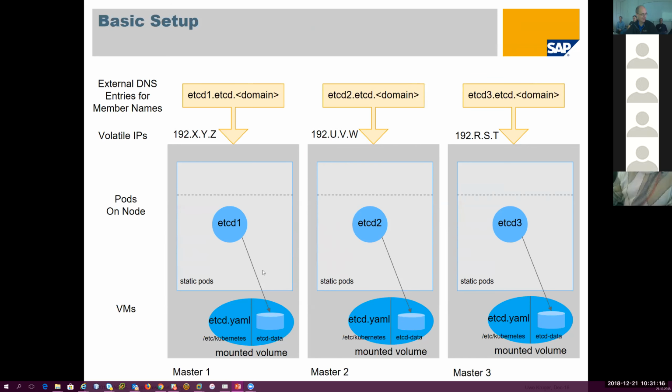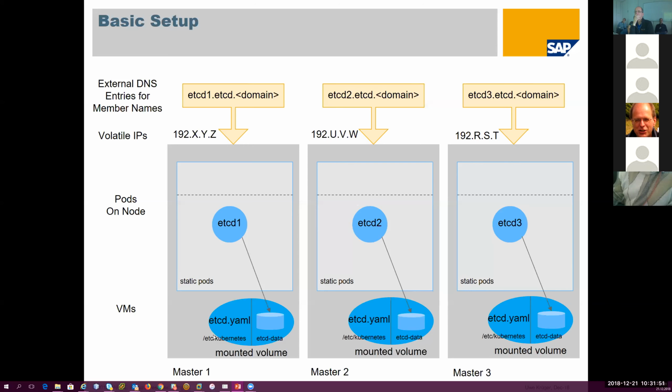Okay, the final cluster looks like this. To avoid kubedns, we use an external DNS provider for maintaining the member names. Every master node has a dedicated DNS entry that is dynamically mapped to the appropriate IP of the VM. The VM itself uses a mounted volume that hosts the etcd data directory and the Kubernetes directory.